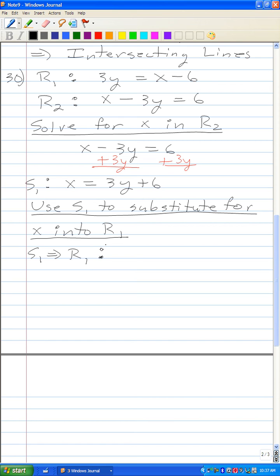So wherever I see an x in R1, I will replace x by 3y plus 6. So we get 3y is equal to 3y plus 6 minus 6. The 6's cancel. So 3y equals 3y. Let me subtract 3y from both sides of my equation.